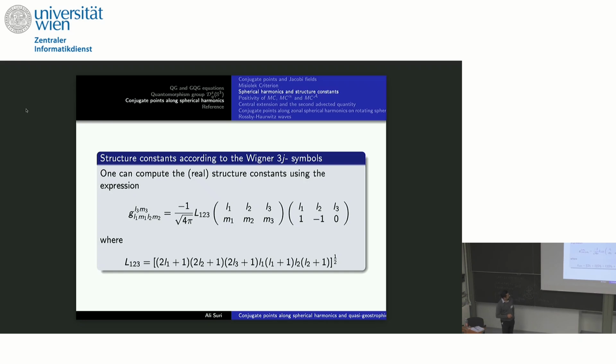This is a nice form of these structure constants, but these Wigner symbols are complicated to manage. Misiolek was trying to avoid computing these Wigner symbols by another method. In some part of these results, it's not that horrible to compute these things and even prove something for general wave numbers.